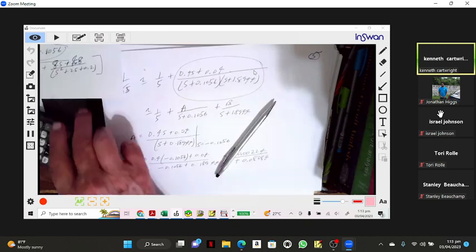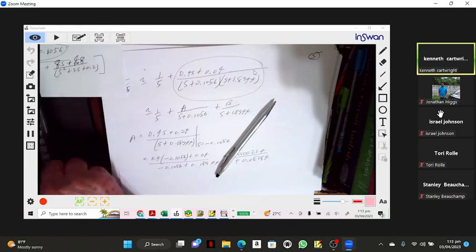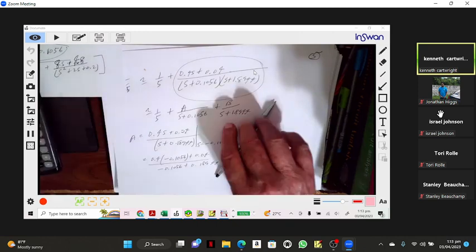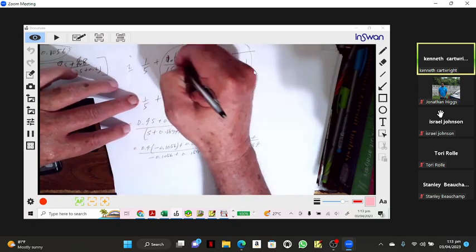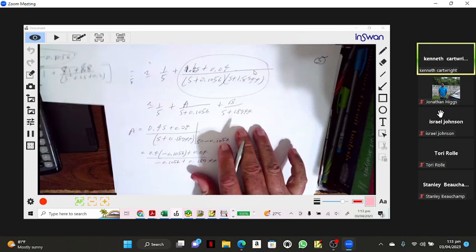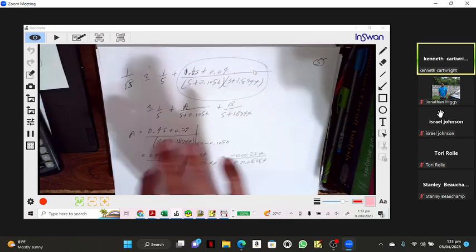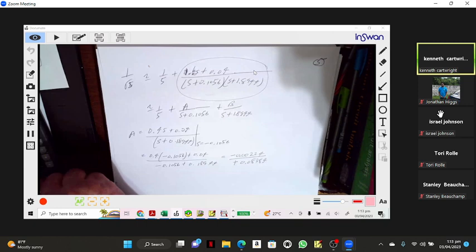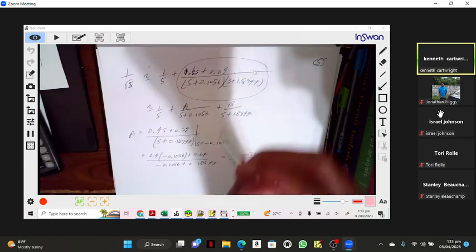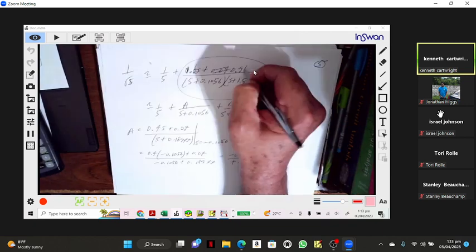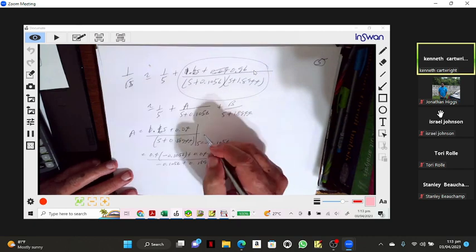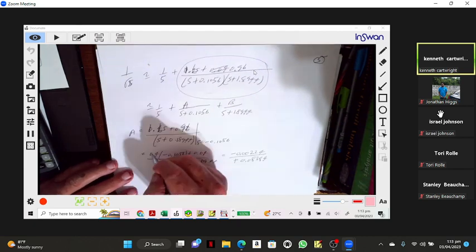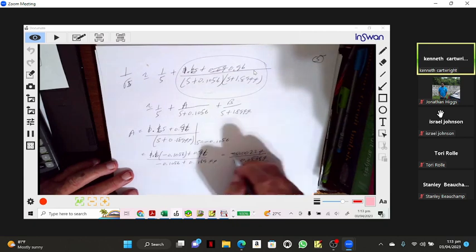So that would make it 8 over 5, which is 1.6S, and it would make 4.8 divided by 5 equal 0.96. So this is 1.6, 0.96, 1.6, 0.96.